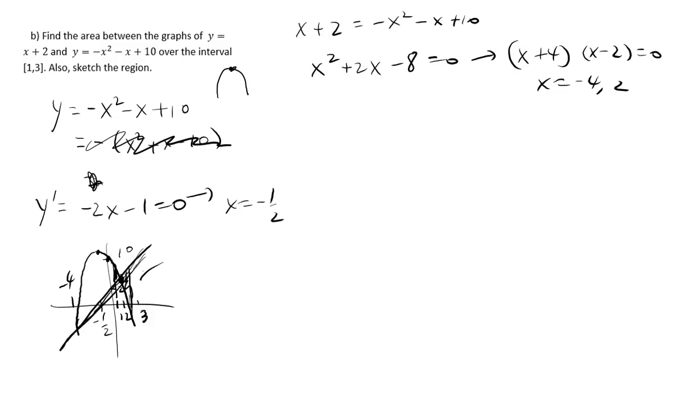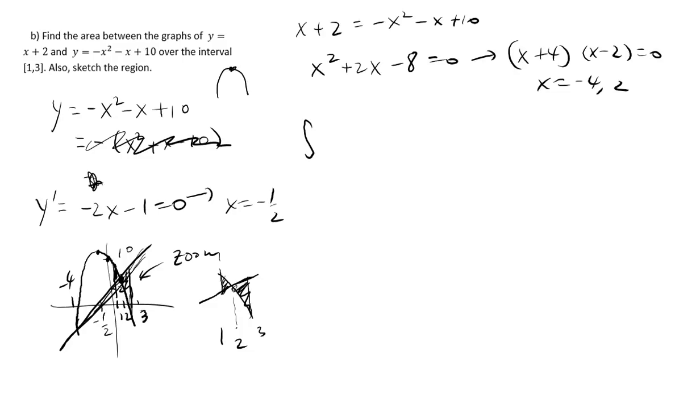So if I zoom that in, I will get something like a bow tie type region where this point is 2. Now what's happening is that before 2, so here's 1 and that's 3. Before 2, I see that the line is below the curve.